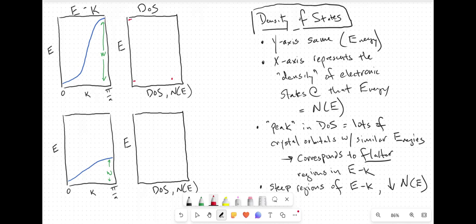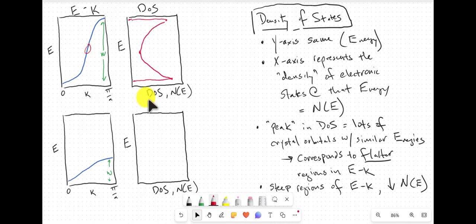And so that would be maybe similarly up here. But at this point in the curve, we are steeper, right? And so we're traversing energy space over similar K, which means that we don't have as many available to us. And so we start to inflect somewhere in here. And so we can start to just generally sketch this out by connecting these red dots on our density of states.